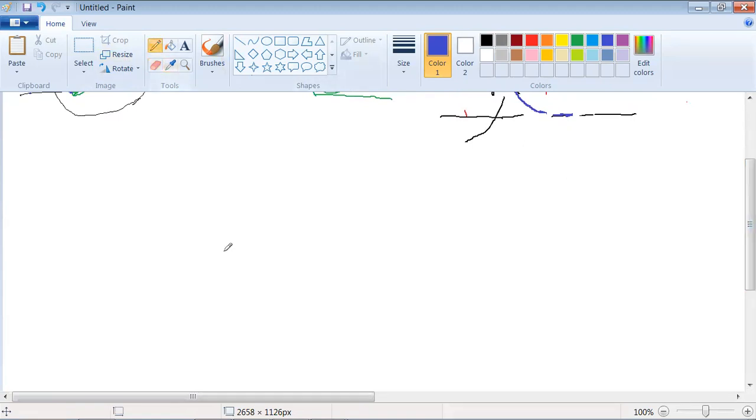All right, sketch demonstration for this. Say we have 1 circle and we have another circle. They might be like this, or they might be touching.